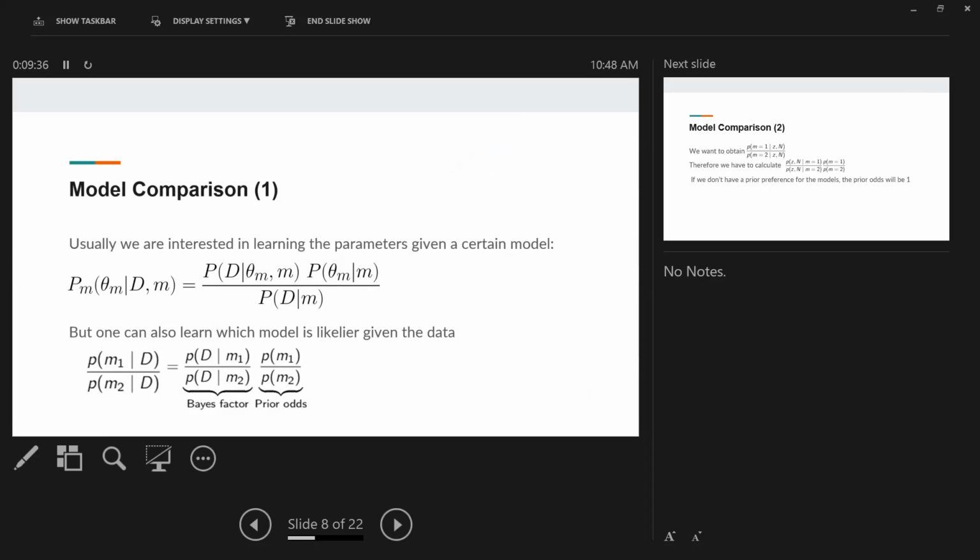If the Bayes factor is higher than 1, model 1 is better, and if it's lower than 1, model 2 is better. Depending on how big or how small it is, it's stronger evidence. So the first is only used for one model and to get parameters given that model, and this is to compare two models.